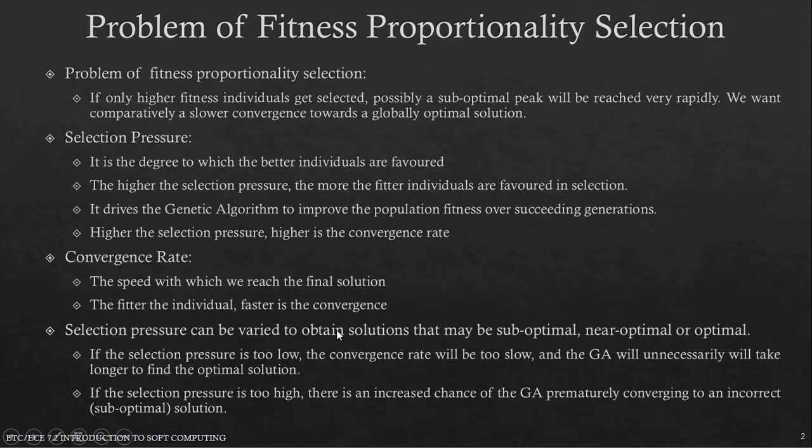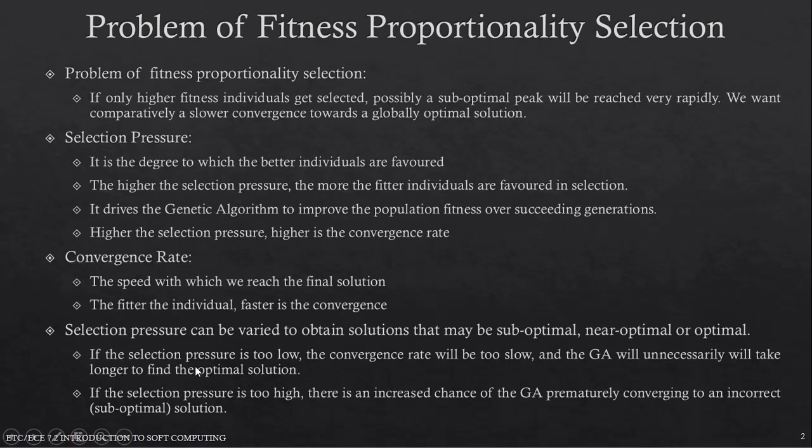Therefore, selection pressure can be varied to obtain solutions that may be suboptimal, near optimal, or optimal. However, if the selection pressure is too low, the convergence rate also will be too slow, and the GA will unnecessarily take a long time to find the optimal solution.